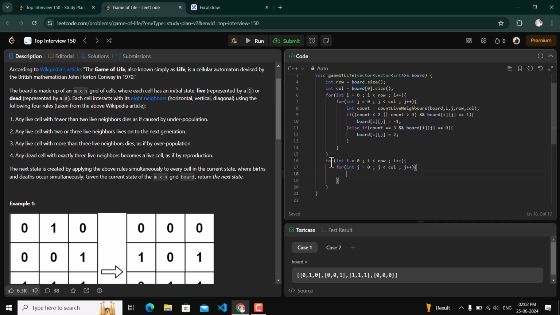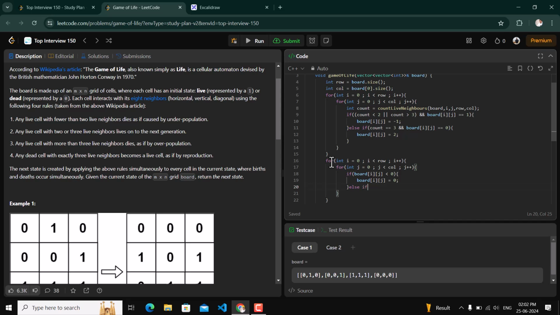Now if board of i comma j is less than 0, we will make it 0, because -1 indicates it is dead.